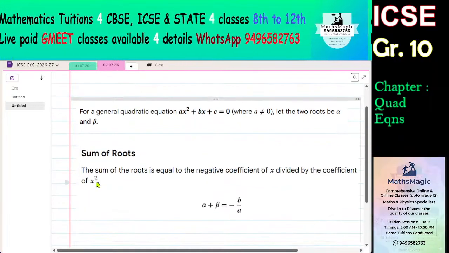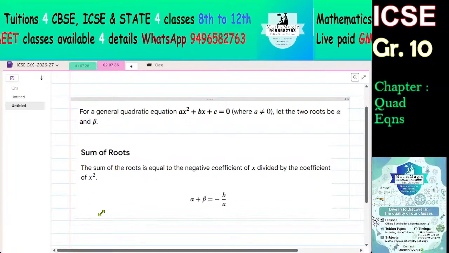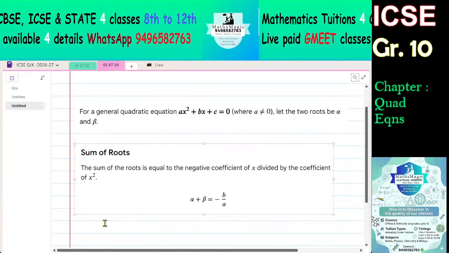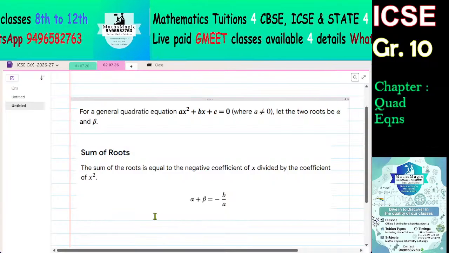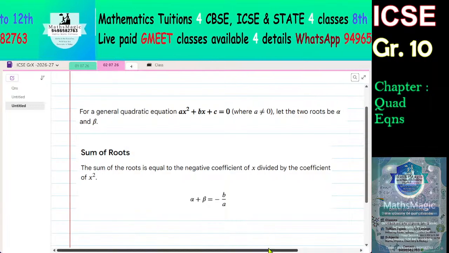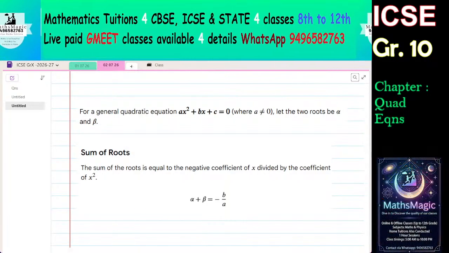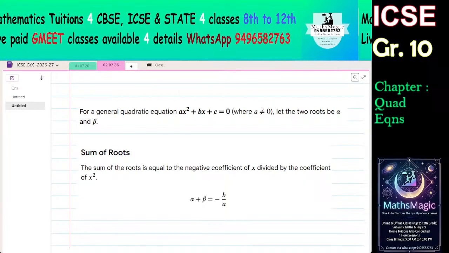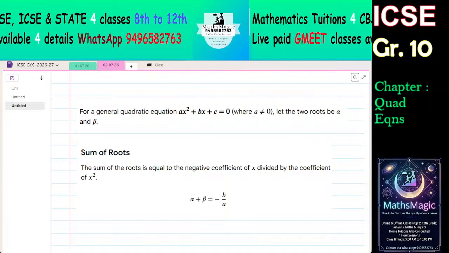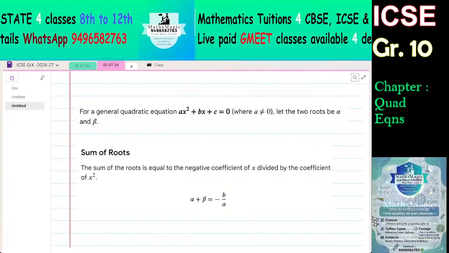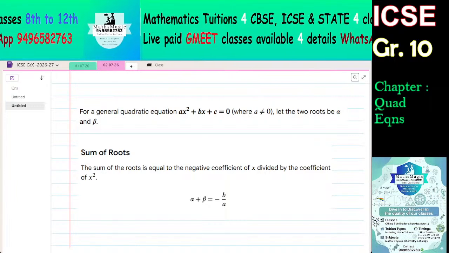Don't confuse this with the formula for the slope of a general straight line, ax plus by plus c equals 0. Most of you will get confused with the minus b by a thing. Just remember that also.